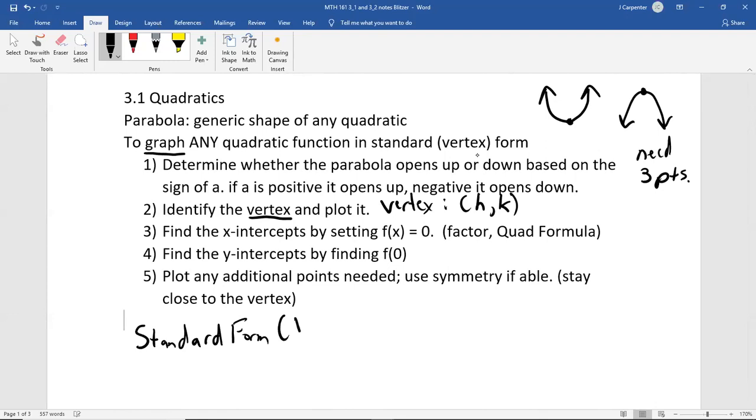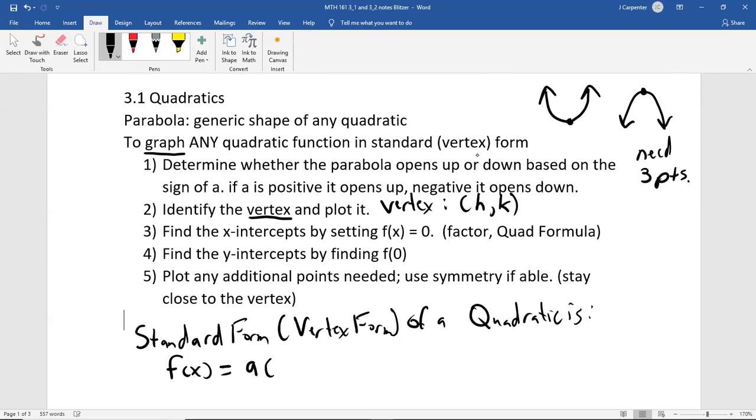Standard form, also known as vertex form of a quadratic is f of x equals a parentheses x minus h, close it, square it, then plus k. This is an extremely important format for quadratics, for these parabolas.